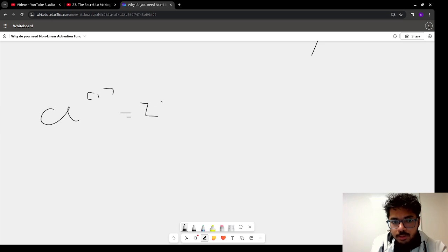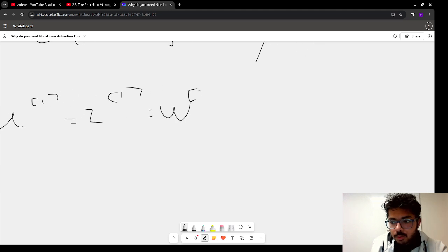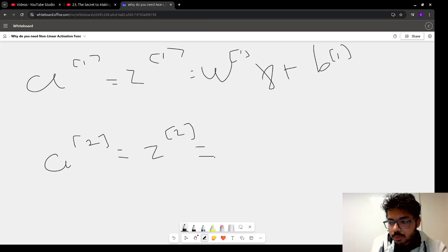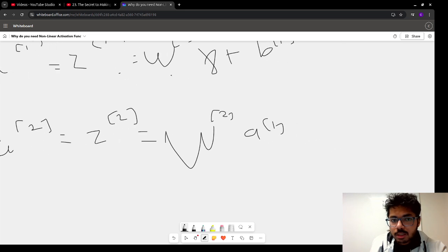The definition of a1 is equal to z1, which is equal to w1 x plus b1. And now the interesting part comes in. The definition of a2 is equal to z2, which equals w2 a1 plus b2. So we can replace a1 with this definition of a1 and get some results.